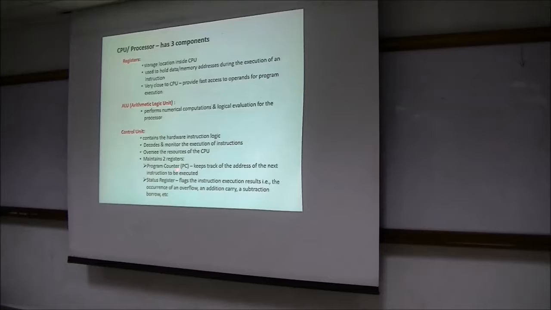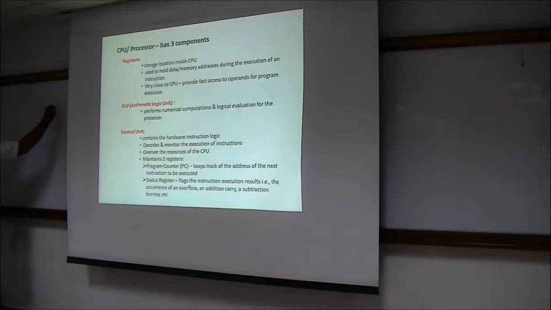Now what do you mean by this? It keeps track of the address of the next instruction to be executed. So let's look at the structure of a memory. It is something like a shelf.